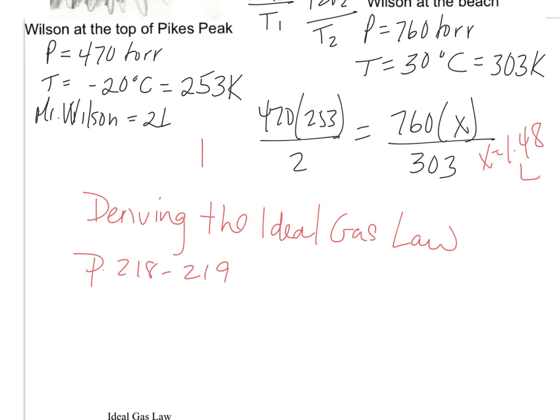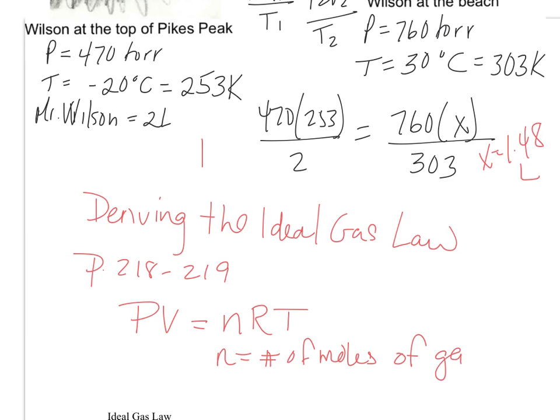I'm not going to ask you to derive it, but it will show you how we get PV equals nRT, where P is your pressure, V is your volume, n is equal to your number of moles of gas, R is your gas law constant, the gas law constant that we talked about earlier.